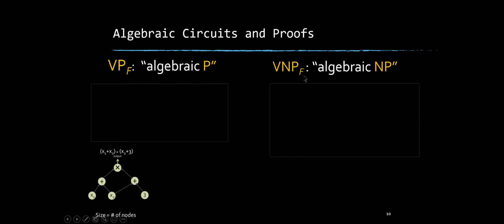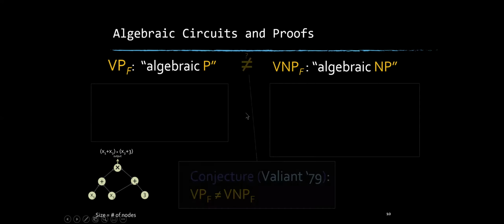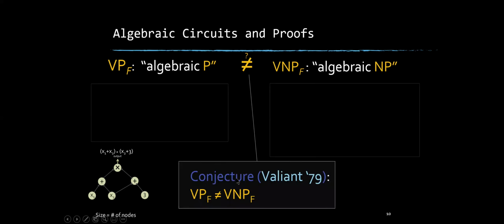On the other hand, we have VNP, which is slightly more complicated to define. What we need to know is that there is a conjecture that they are indeed separated, somewhat like the conjectured separation of P from NP.